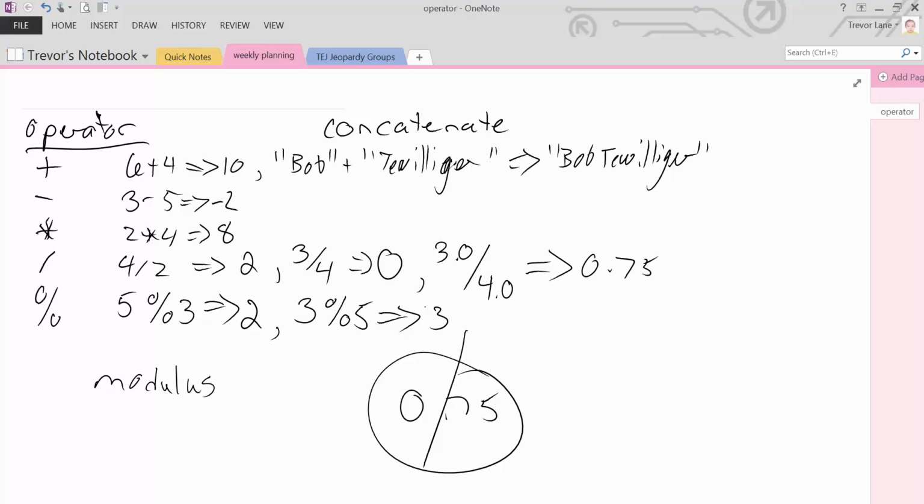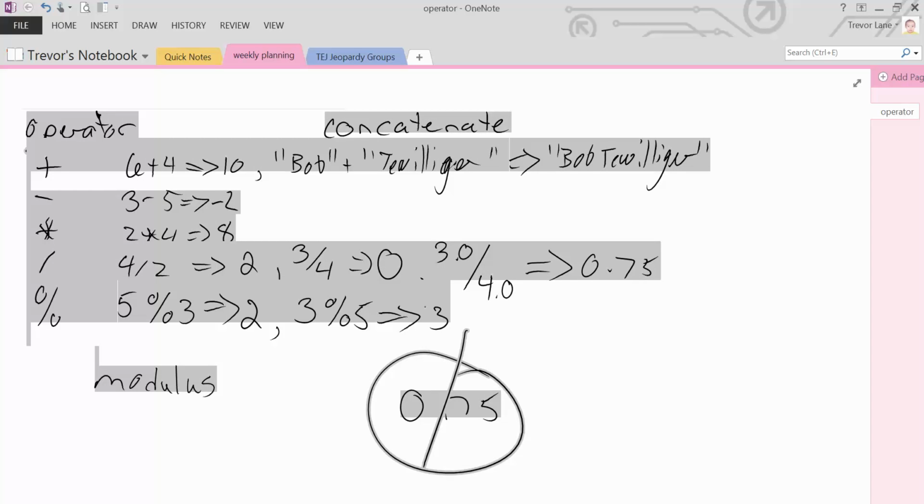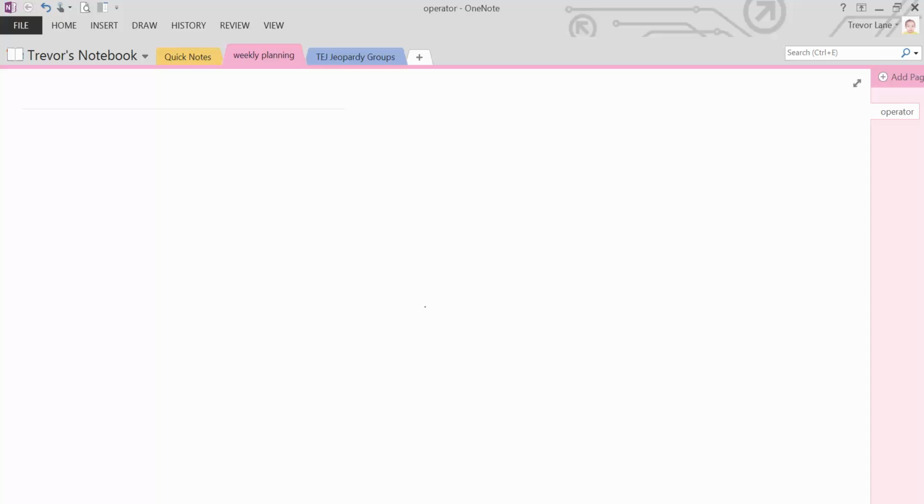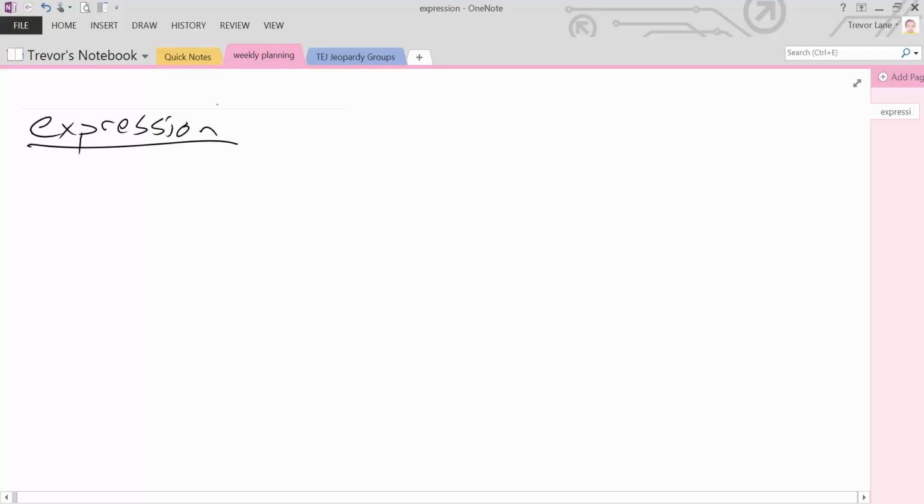So the next thing I wanted to talk to you about is another term. Let me just get rid of all this. Another term called an expression. Again, this is another term that you probably heard from math class. Now, you've probably noticed by now that we do a lot of mathematics in this. This is because computer science is very closely related to mathematics.